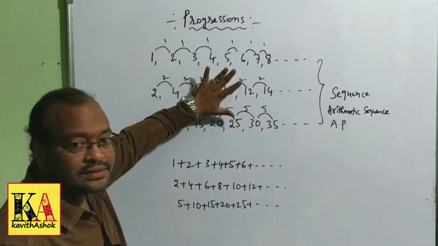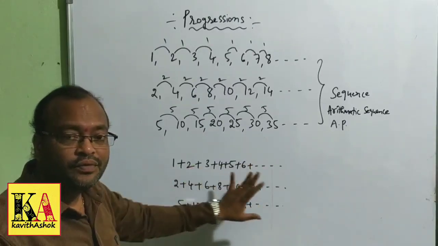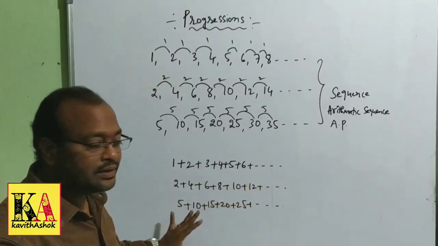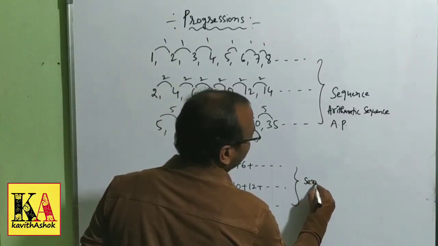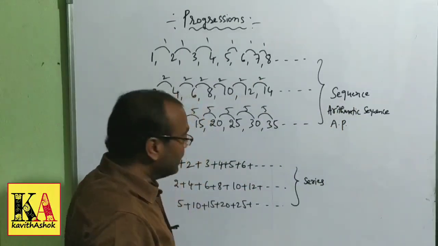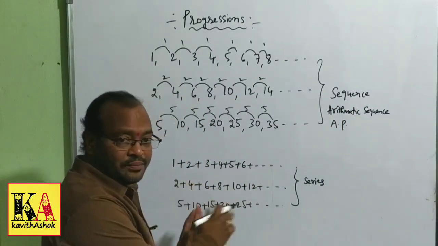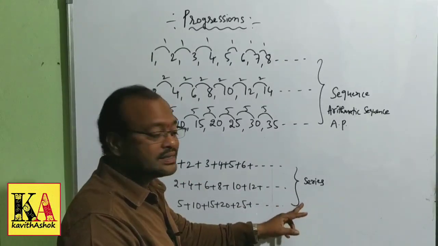It is the same sequence, we just added plus signs between the terms. Then it becomes a series. If only commas are there, we call it a sequence. If we write using the plus symbol, it becomes a series.